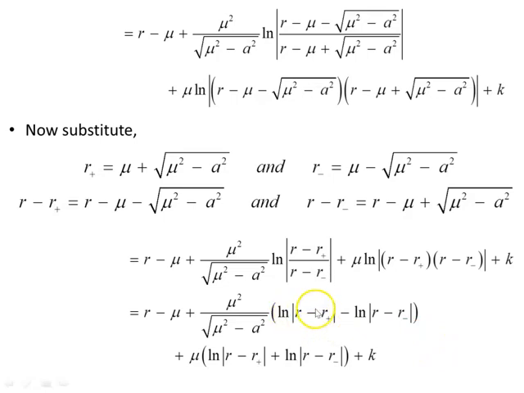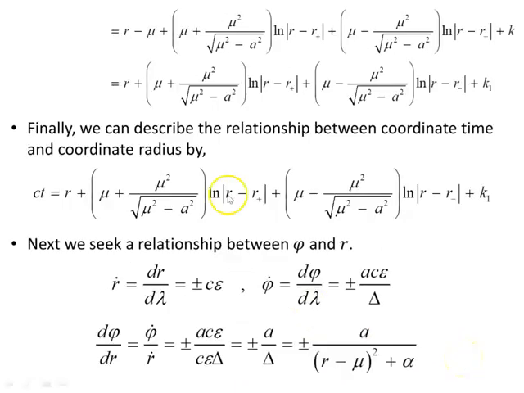Go to the natural log of r minus r plus here, natural log of r minus r plus here, and then similarly for the minus case. So we can combine those. And when we do that, we can combine it like this, plus the constant of integration. Now, in the next line down, what happens is that a number of textbooks quote the final result as this.